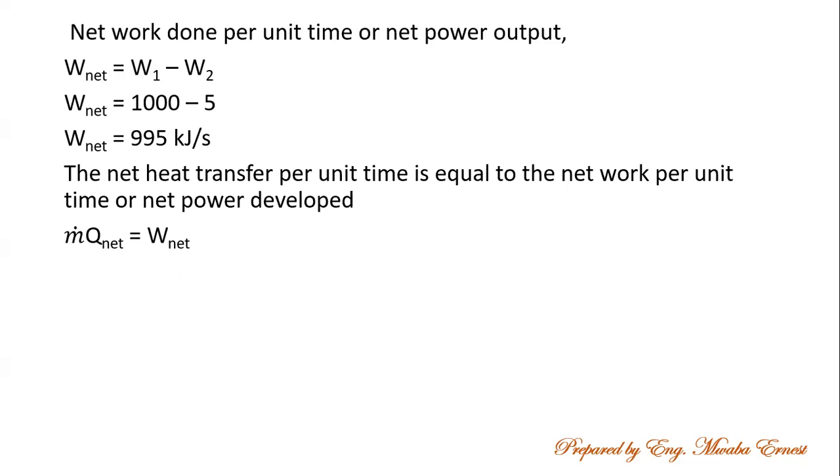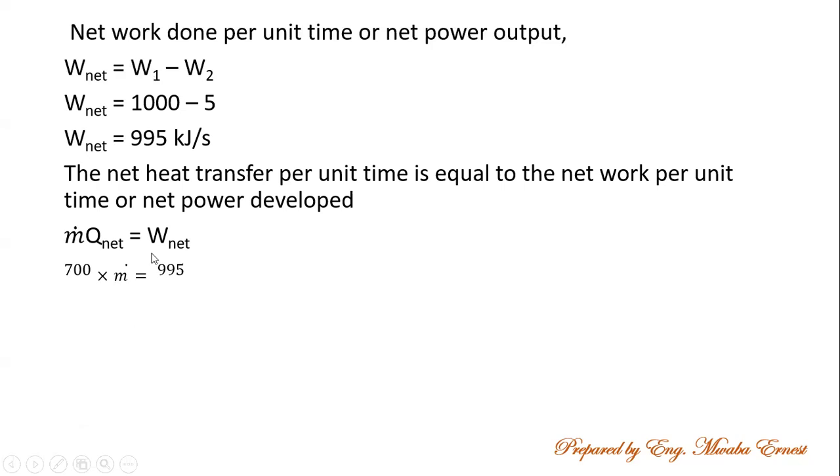Then this is the net work done per unit time. So we remain with the two side by side. If we want, we can make M the subject. I think we'll do it in the next stage. So here we have it. We just substitute. The net heat is 700. The mass flow rate, we don't know.